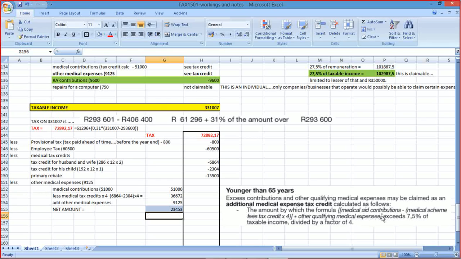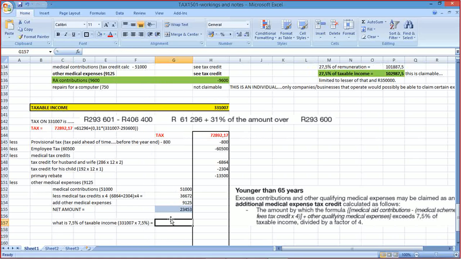Yeah. Then the legislation says exceeds 7.5% of taxable income. So what is 7.5% of taxable income? We had taxable income from above: 331,007 times 7.5% equals.